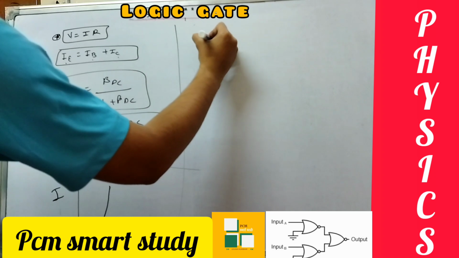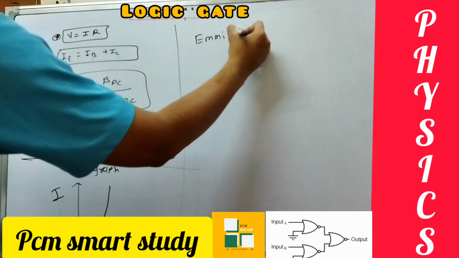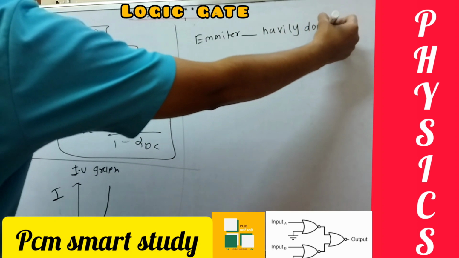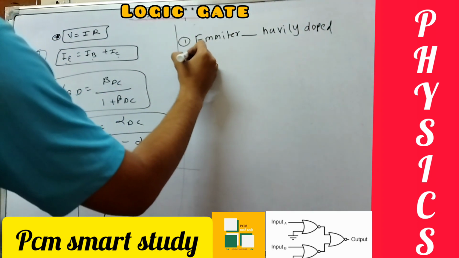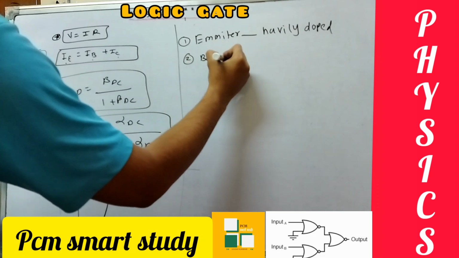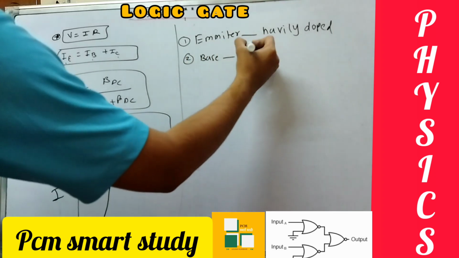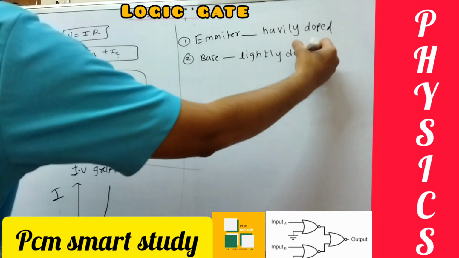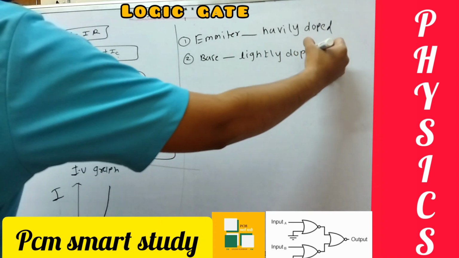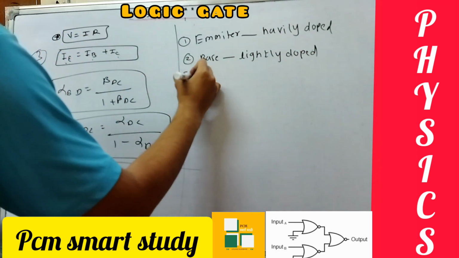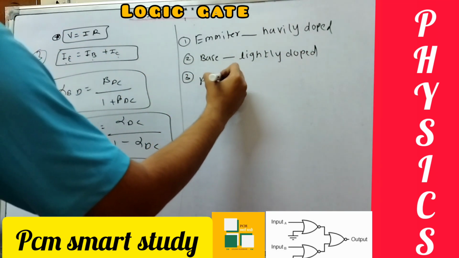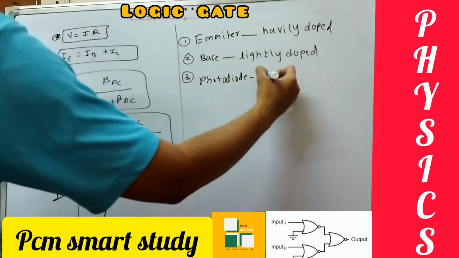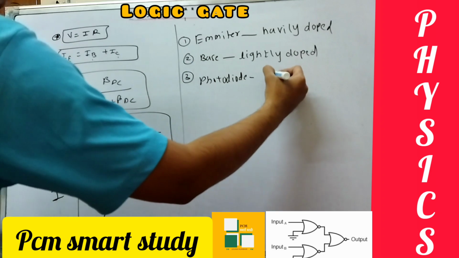Next is transistor terminals. We study the key points of the terminals. Emitter is heavily doped, base is lightly doped. Photodiode is always operated in the reverse bias.